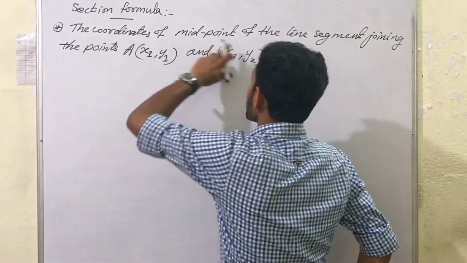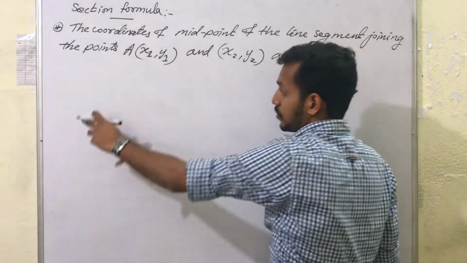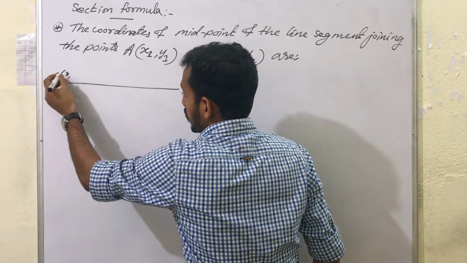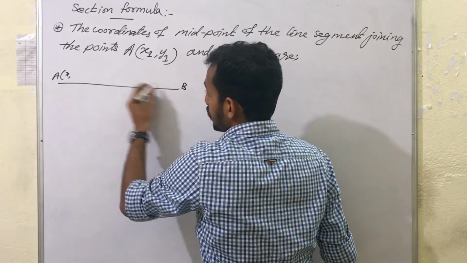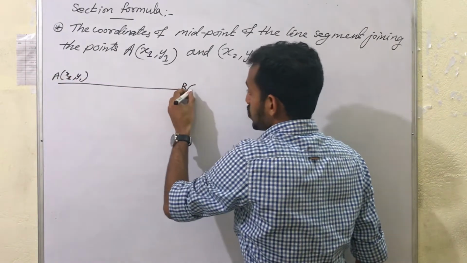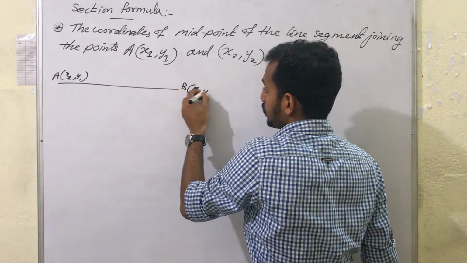Now we are going to discuss the special case under section formula. That is, we have a line segment AB, joining A and B, with the coordinates of A as x1 and y1 and coordinates of B as x2 and y2.